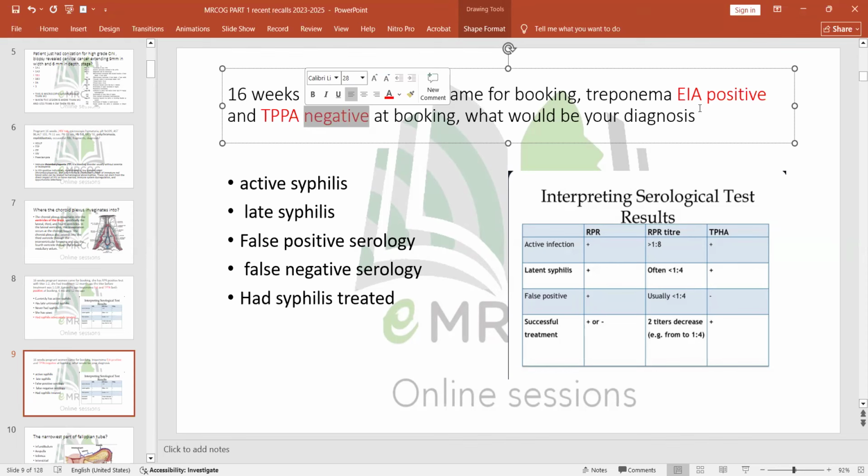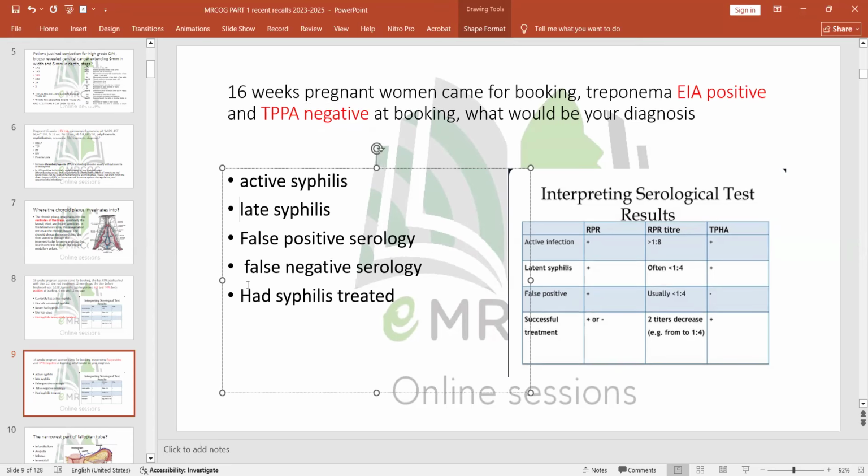So I'm not going to depend on them to say that this woman really has active syphilis. This can happen during pregnancy, and this is a very common case in which we call false positive serology. False positive because this positivity is false. This positivity happens because of the dilution in the patient's blood during pregnancy.